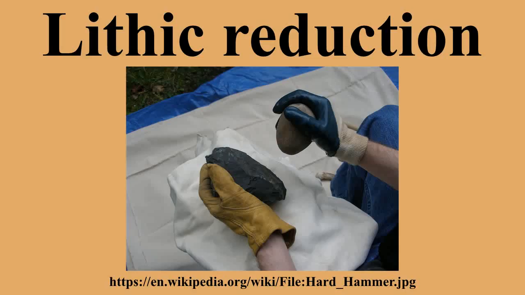Hard hammer percussion. Hard hammer techniques are generally used to remove large flakes of stone. Early flint knappers and hobbyists replicating the methods often use cobbles of very hard stone, such as quartzite. This technique can be used by flint knappers to remove broad flakes that can be made into smaller tools.